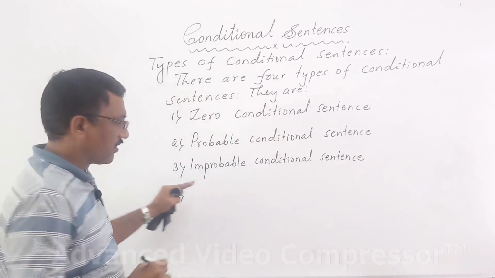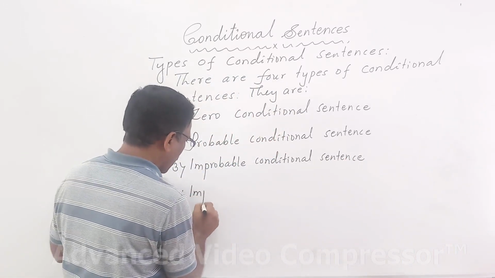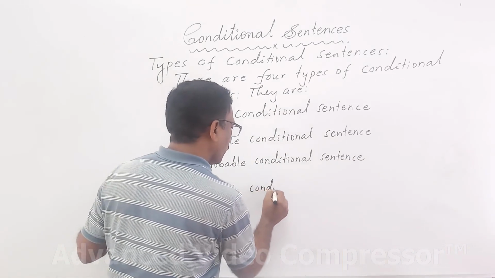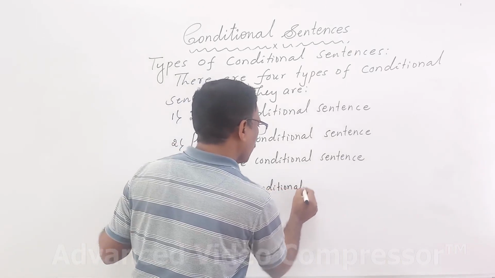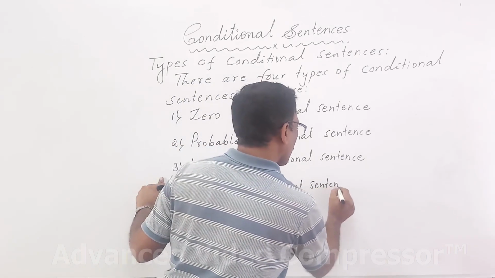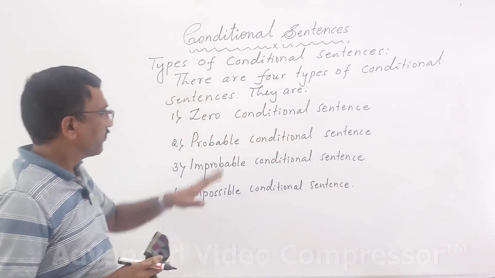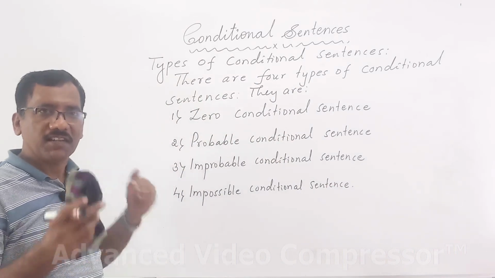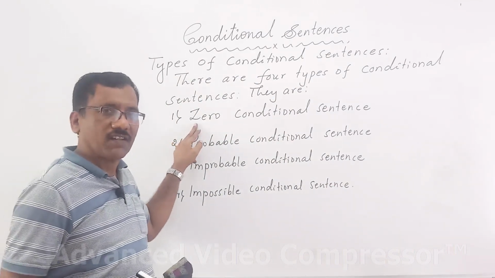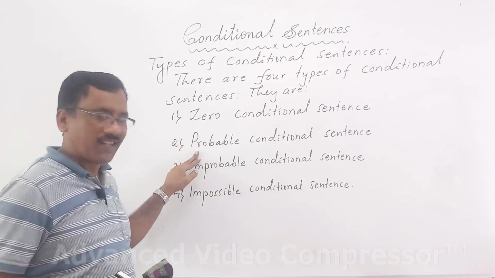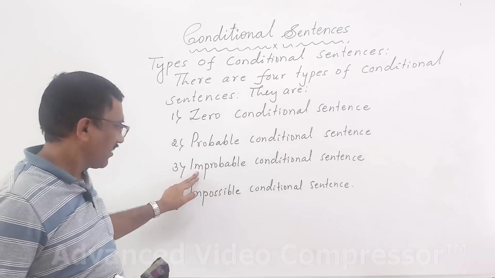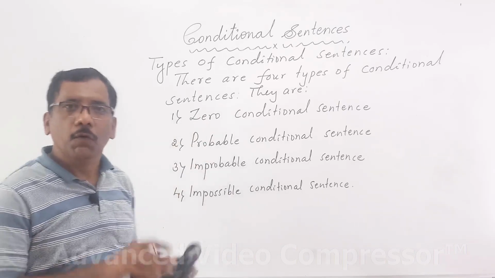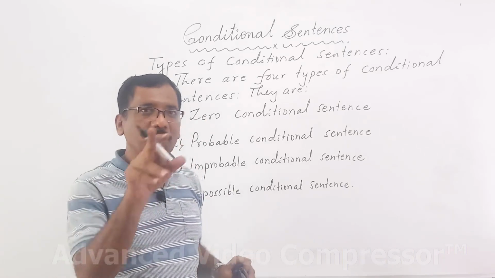And the last one is impossible conditional sentence. Now you came to know the types of conditional sentences. There are 4 types: zero conditional sentence, probable conditional sentence, improbable conditional sentence, and impossible conditional sentence. Please keep this point in your mind.